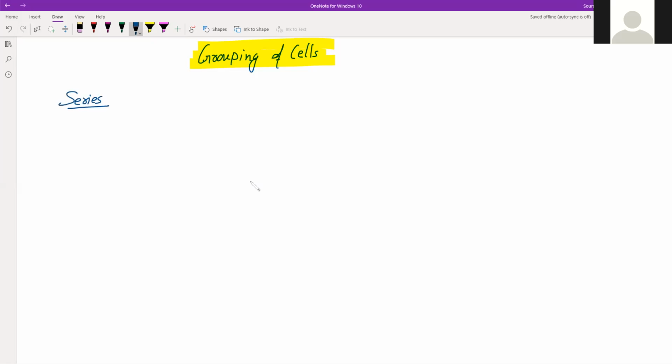Again, simple. We have these cells and they are connected end to end. We'll say that they are in series. And these cells can be identical cells, or even non-identical cells.